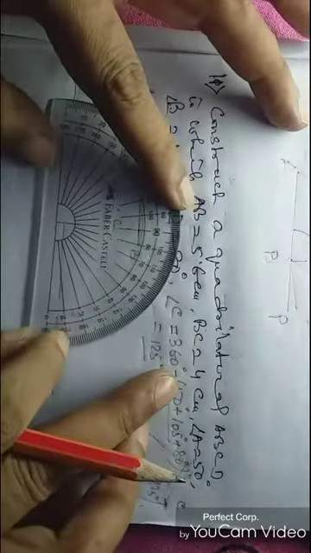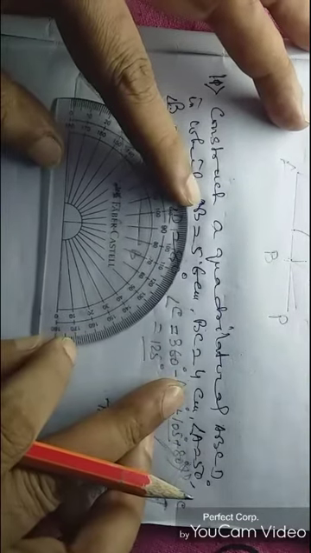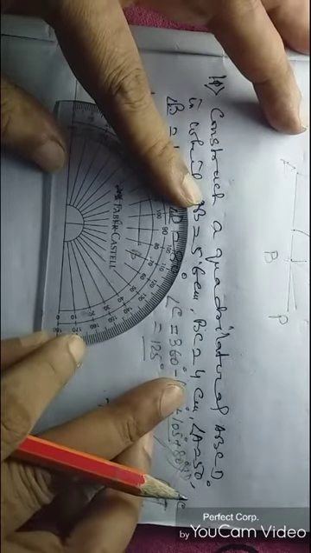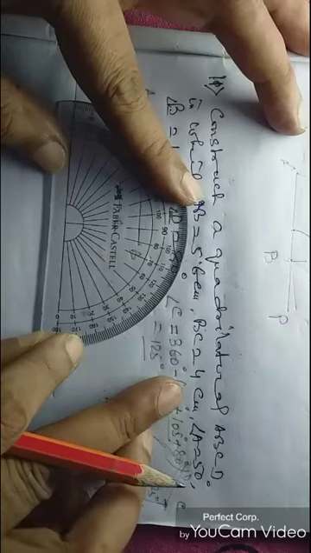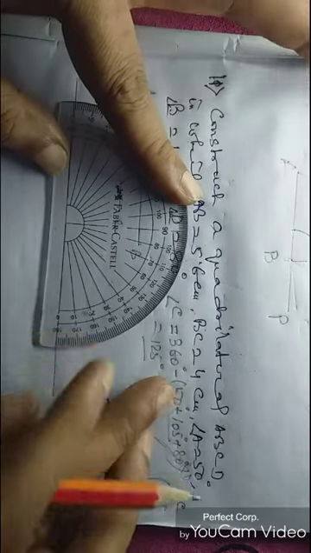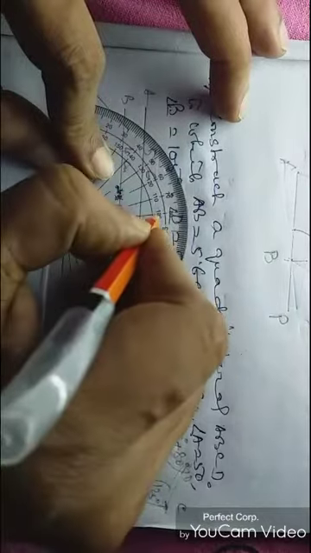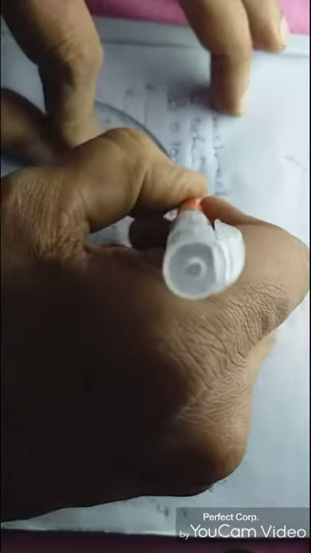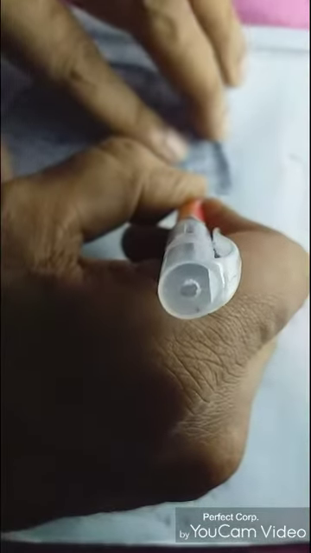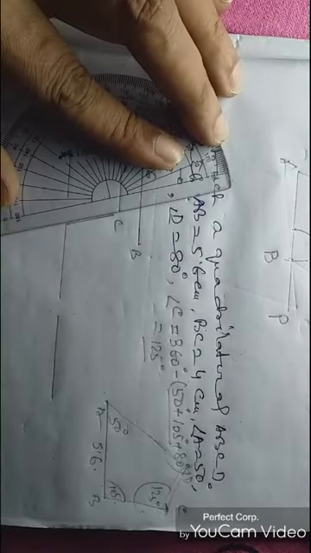Next is 105 degrees. Once again, just coincide this point and this line. It will give you 105, this is 105. Just put it over here and get this angle, up to this is 105 degrees.